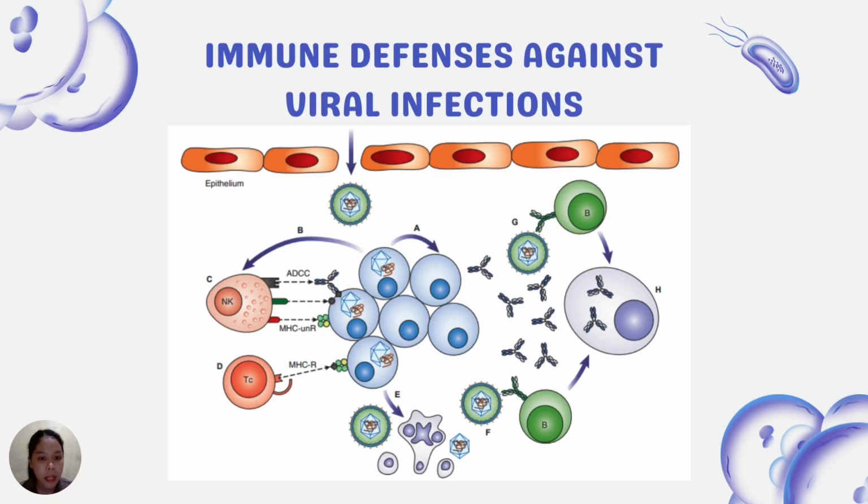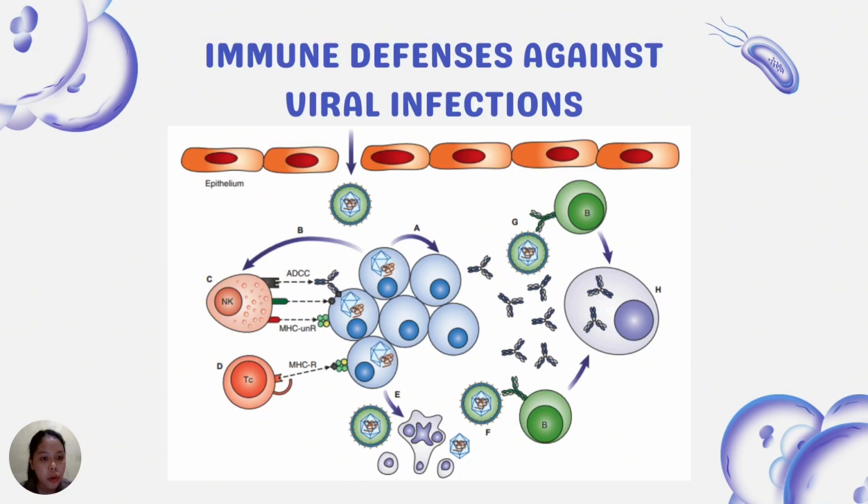Then, aside from that, yung interferon beta naman na marerelease ng katawan natin, isi-stimulate niya yung pagka-release ng ating NK cells, itong natural killer cells, or yung label po dyan ay letter C.